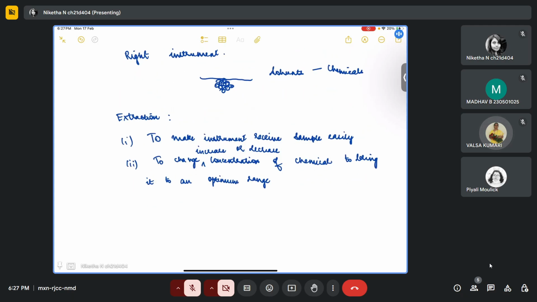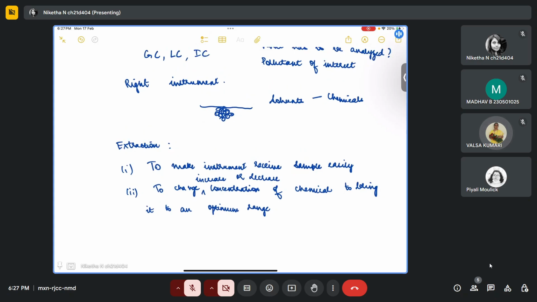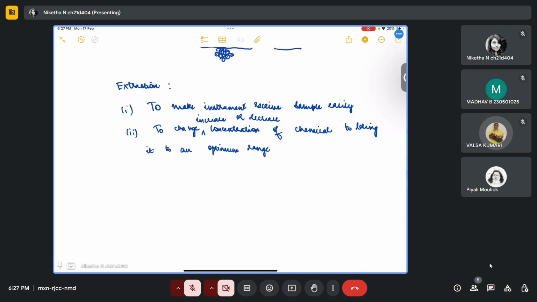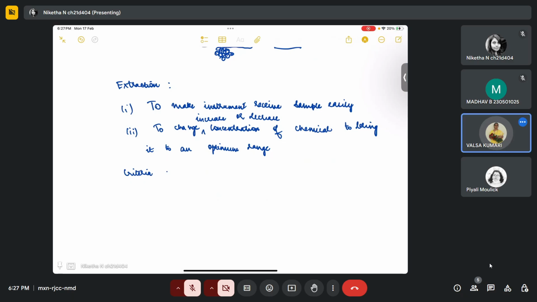So, in order to use a chemical as a solvent, what is the major criteria? The pollutant should be more soluble in that solvent. Yeah.